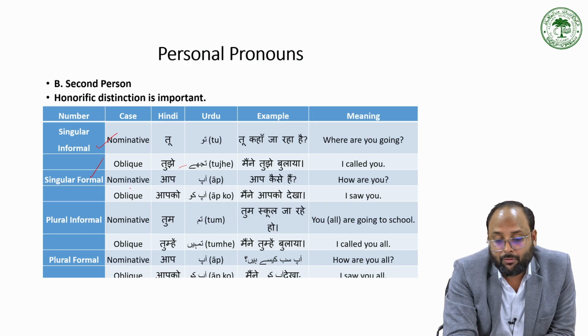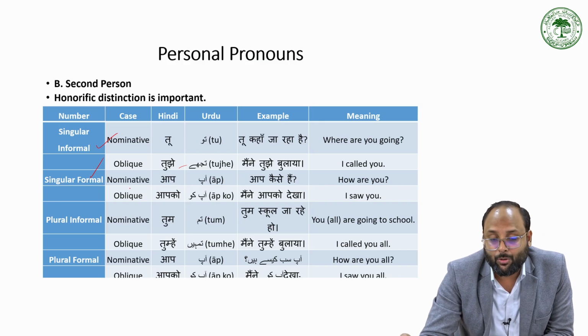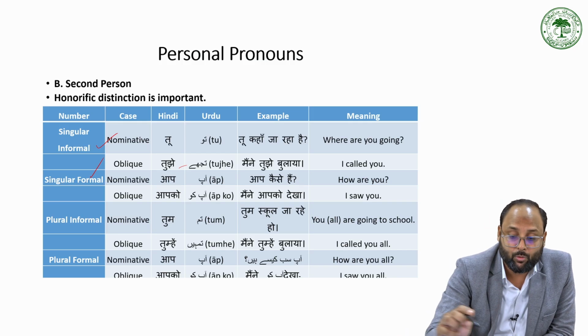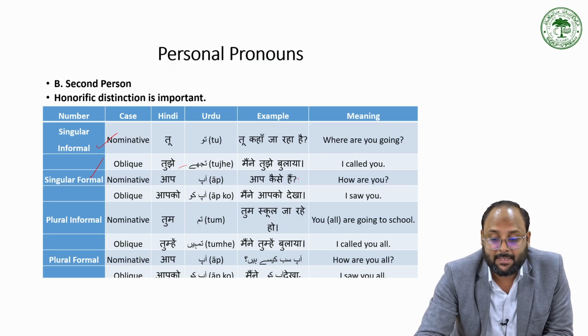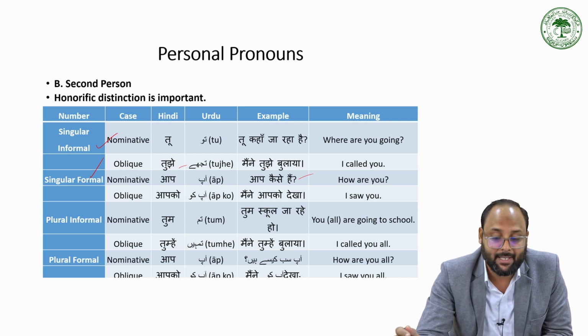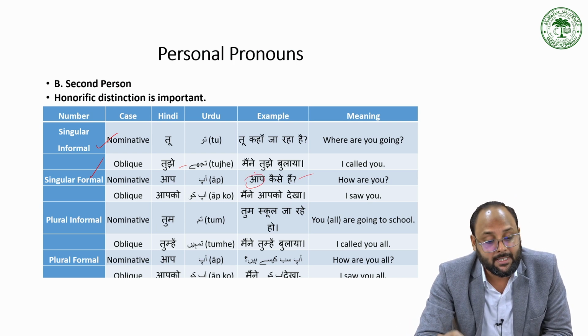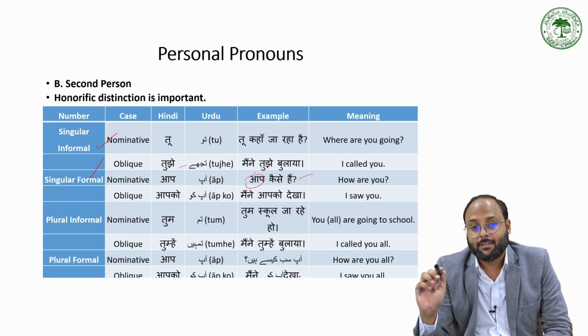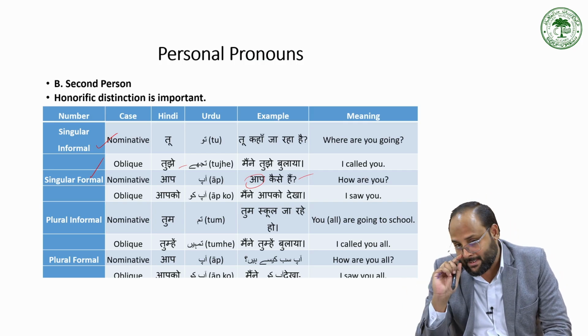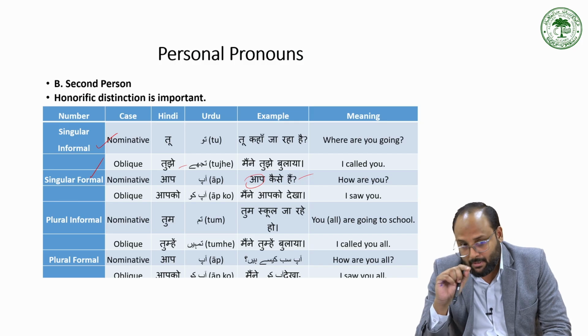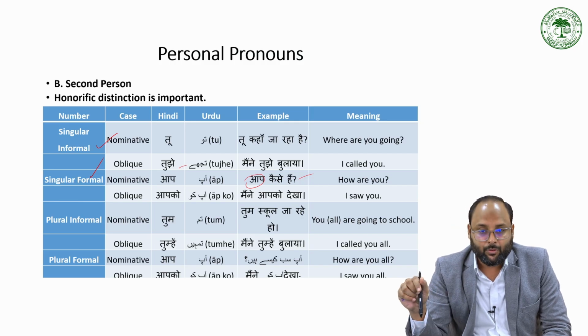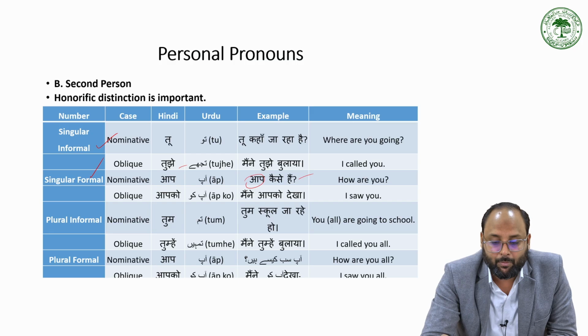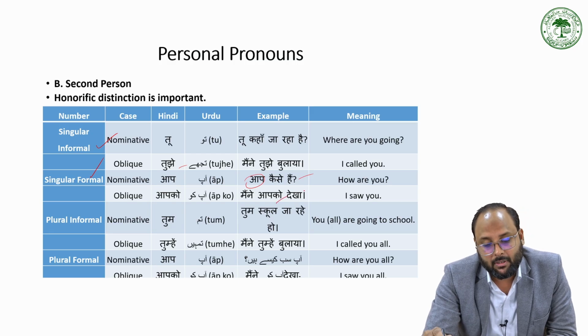And for singular formal, in the honorific form, we are not using tu. Instead of तू कैसा है, we are using आप कैसे हैं. So it also has some agreement with कैसे and हैं when we are using आप for a singular person, in terms of honorific status. For आप we are using the oblique आपको, मैंने आपको देखा.